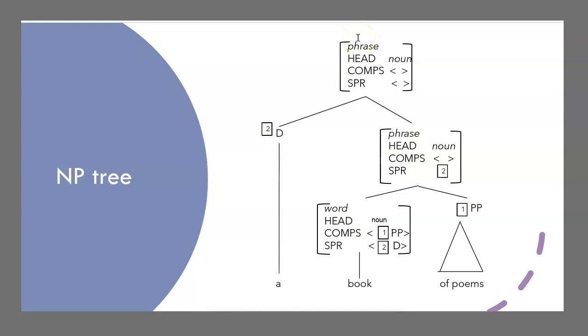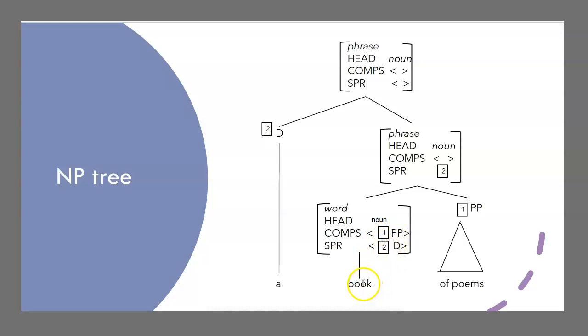Okay. Now the same thing can be done with a sentence. How? Let's take a verb like hit. You have a verb like hit here. How many complements does it need? It needs one complement, which can be a noun phrase. And it needs a specifier noun phrase.